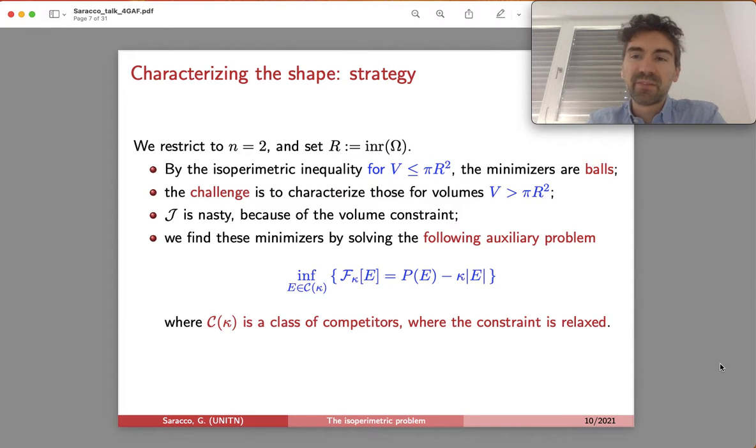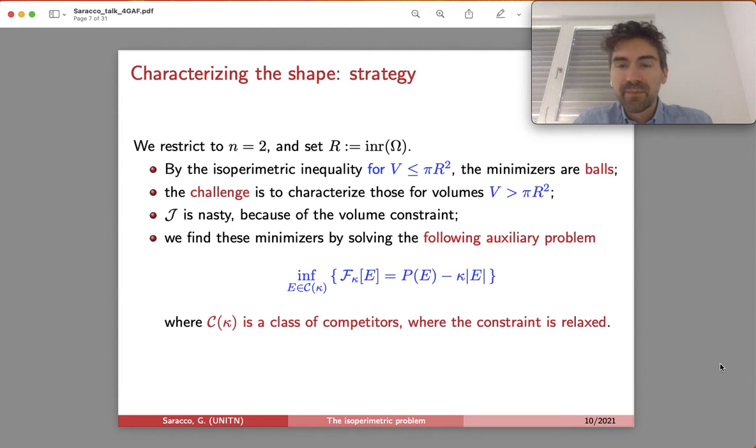There is a very specific result that basically holds only in dimension 2, and that allows us to make all our constructions. And well, okay, by the isoperimetric inequality, if your volume is small, that is smaller than or equal to the volume of the greatest ball you can fit inside your box omega, so smaller than or equal to pi times capital R squared, where I set capital R to be the radius of the greatest ball inside omega, well then, this is just the classical isoperimetric inequality.